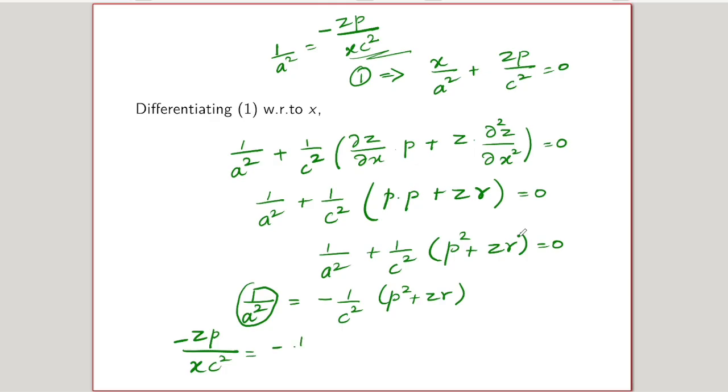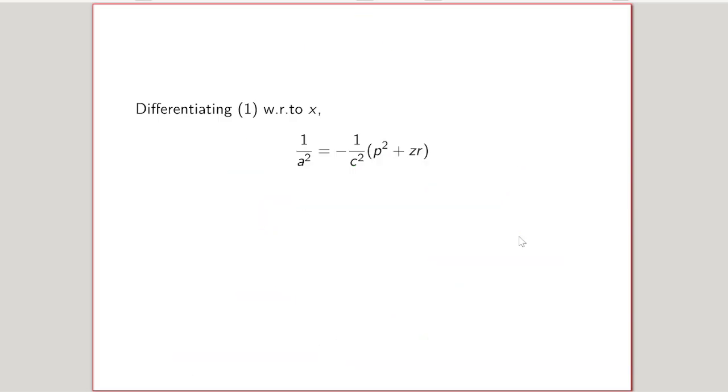This is equal to minus 1 by c squared into (p squared plus zr). Now we can cancel this c squared on both sides and the negative sign on both sides. We will be getting zp is equal to x into (p squared plus z into r). This is the required PDE.